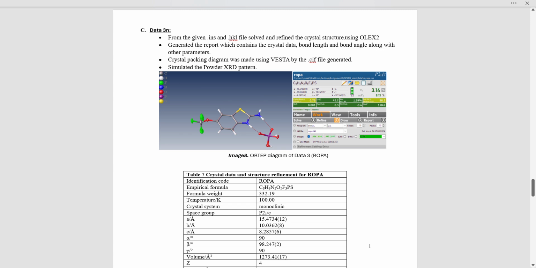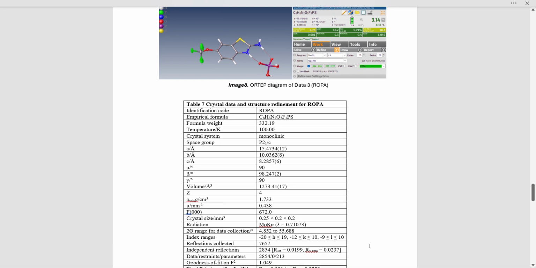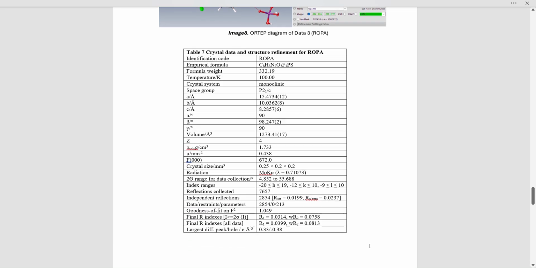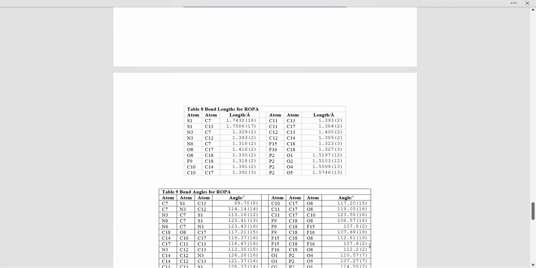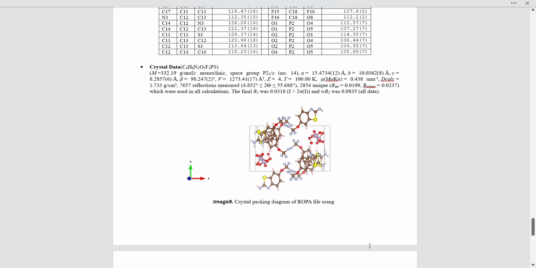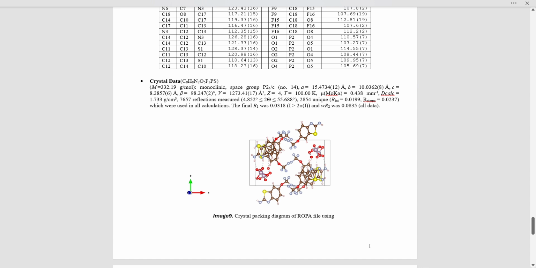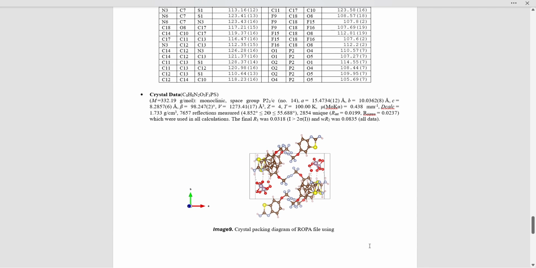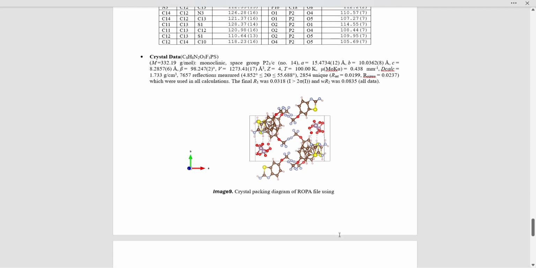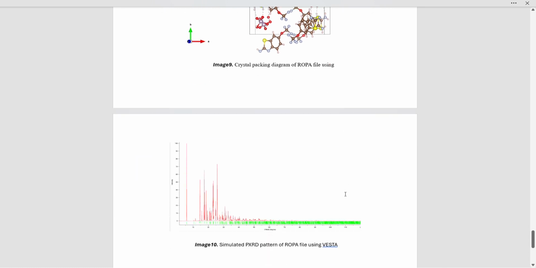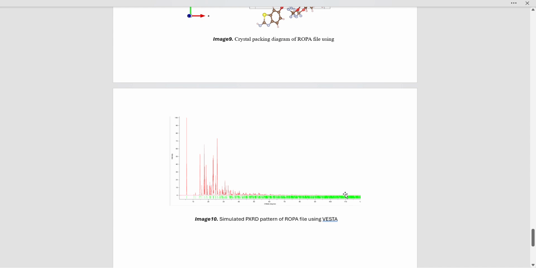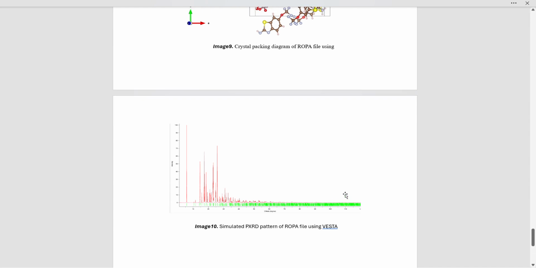At the end of this refinement, I get a report which includes the chemical formula, the weight, the temperature, space group, the cell parameters, along with the bond lengths and the bond angles. During this refinement, it generates a zip file, and using this zip file, we can easily generate a crystal packing diagram using VESTA. Again, this is a monoclinic system, and the space group is P21/c. By the zip file, we can also simulate the powder XRD pattern of this sample using VESTA.